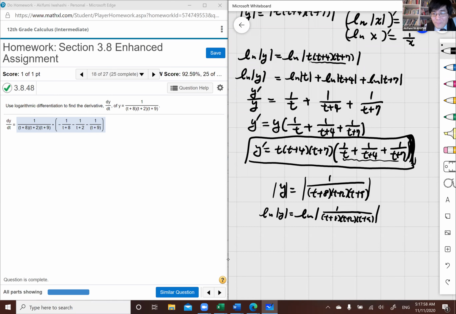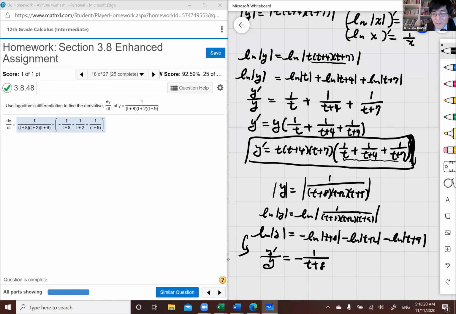Now this can be written as minus ln of t plus 8 minus ln of t plus 2 minus ln of t plus 9. Then again, differentiate. You want to get y dash over y is equal to minus 1 over t plus 8 minus 1 over t plus 2 minus 1 over t plus 9. After that, you multiply both sides by y and rewrite y into this, and you got the solution like this.